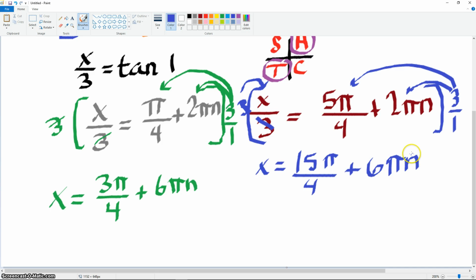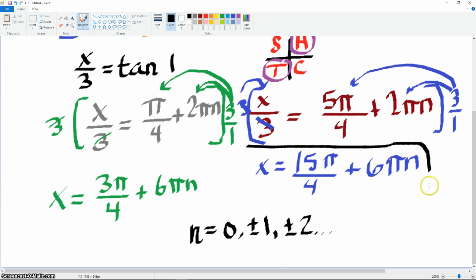Now we need to identify n. So all the time it's going to be wherever n is equal to 0, plus or minus 1, plus or minus 2, and so on. You always are going to need something like that.